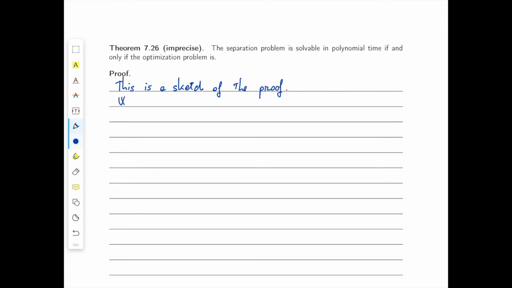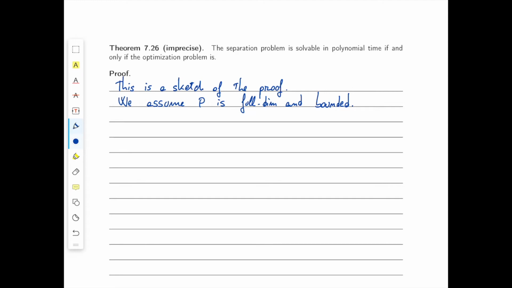In particular, we assume that P is full dimensional and bounded. These are assumptions just to make our proof simpler.